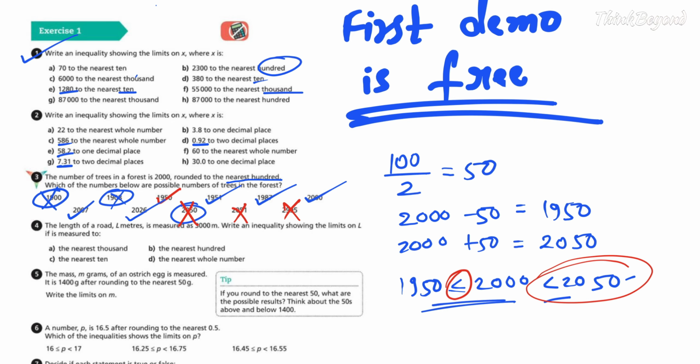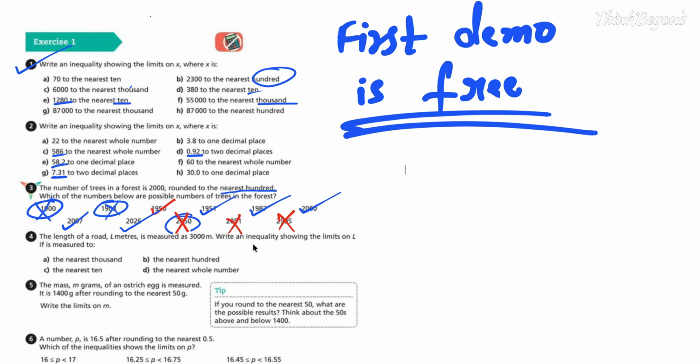Now come on question number 4. It says the length of a road L meters is measured as 3000 meters. Write an inequality showing the limits on L if the measure is to, question A, the nearest 1000.